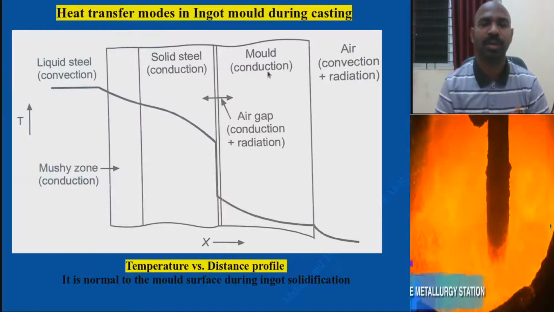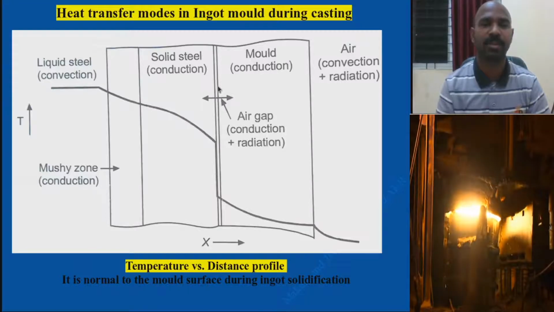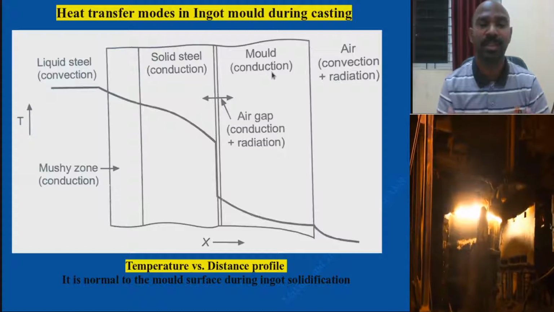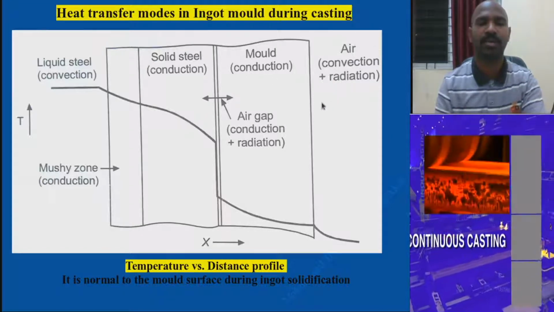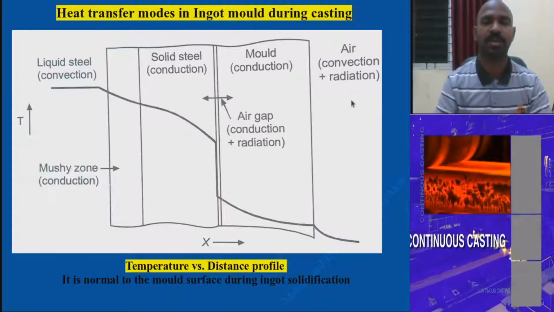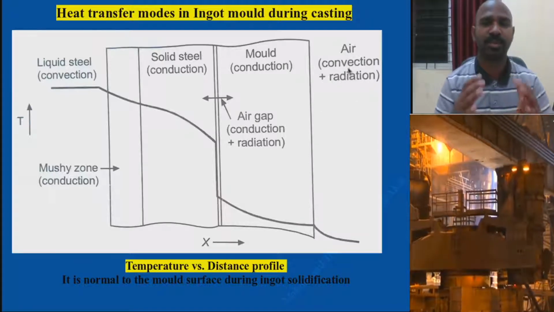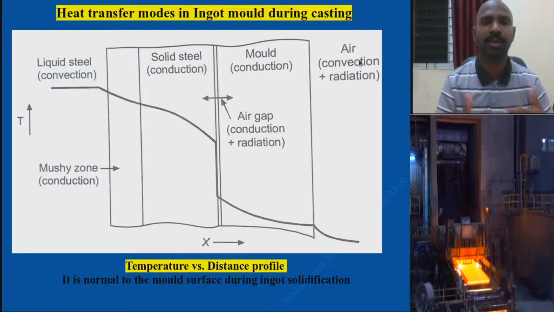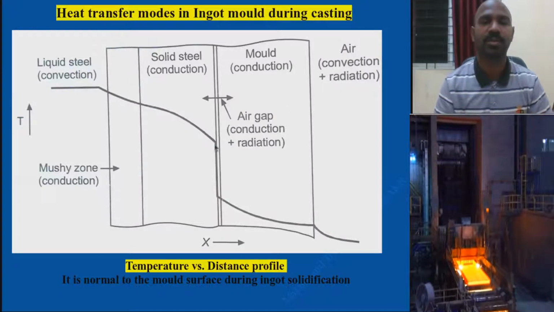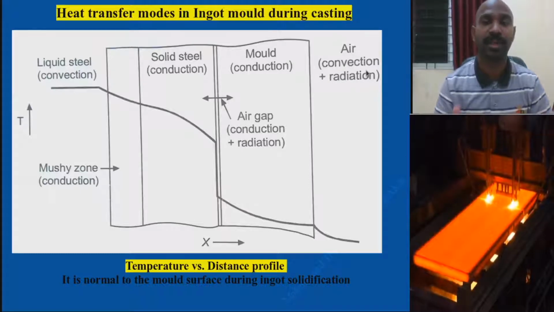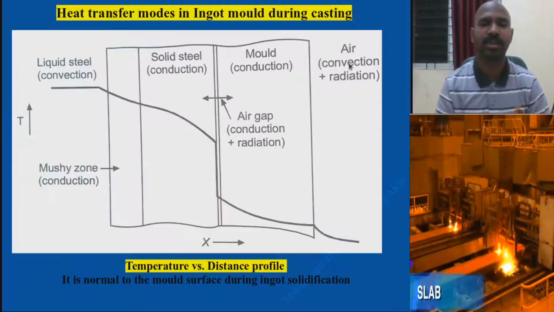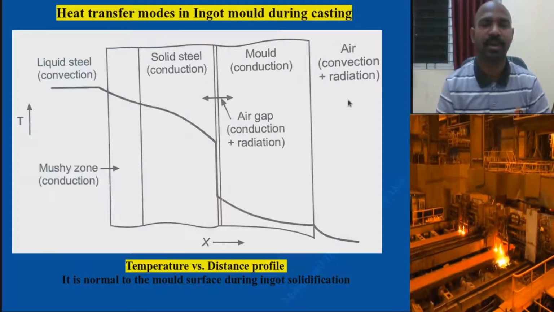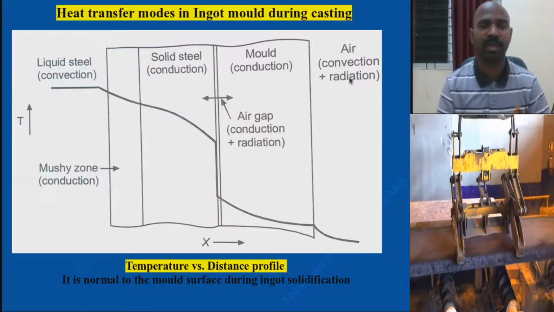The mold absorbs the heat. Within the mold, the heat transfer mode is conduction, and outside the mold, the surrounding is nothing but air. It is convection within the air, and heat radiation. So it is a combination of gas convection and heat radiation.